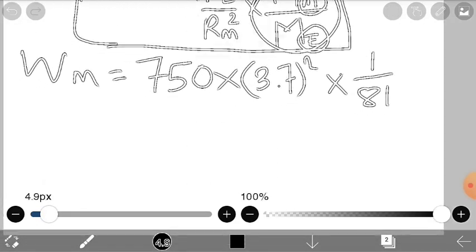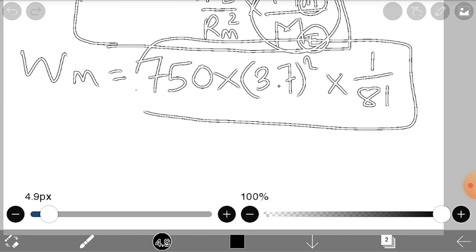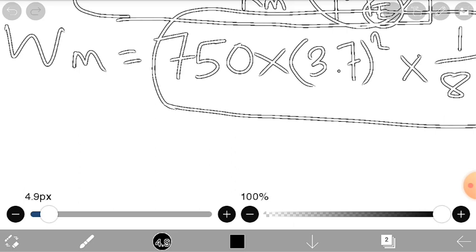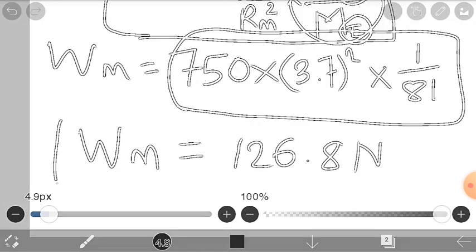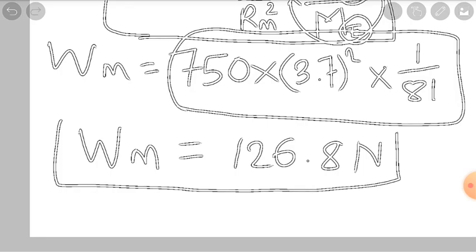Therefore when we solve all this equation, we will get the final answer, that the weight of mass on moon will be equal to 126.8 newtons. So this is the final answer, that is the weight on moon.